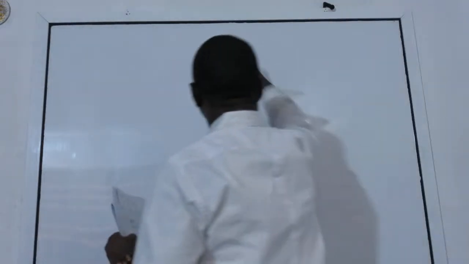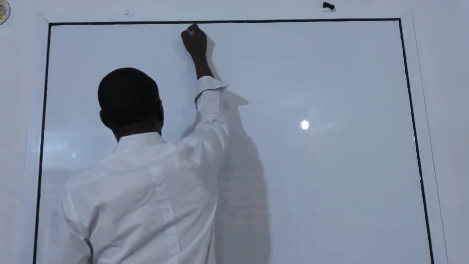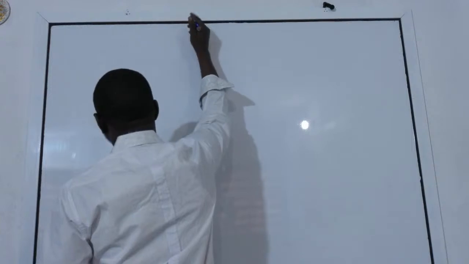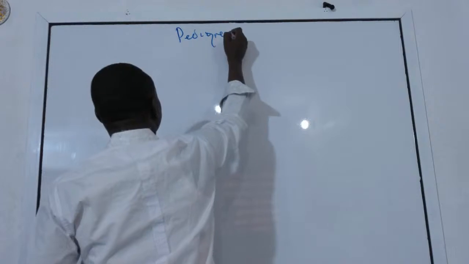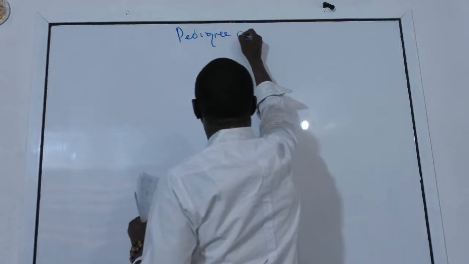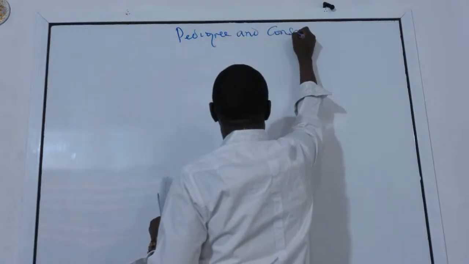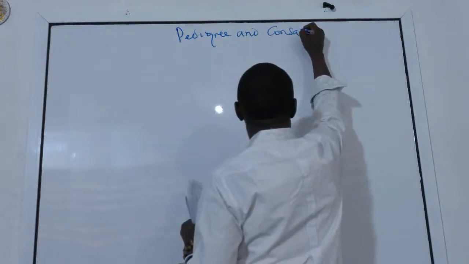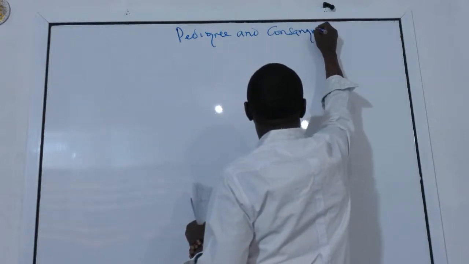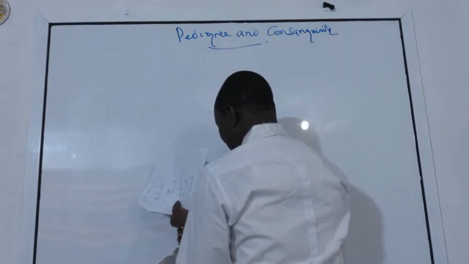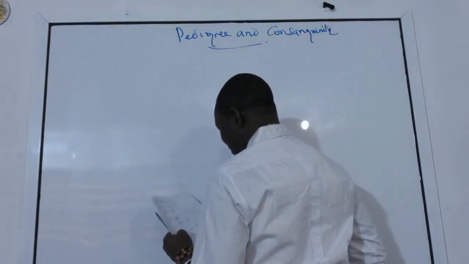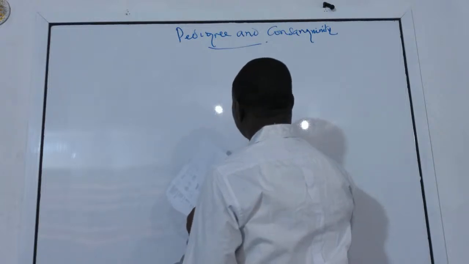Don't forget that we are continuing our discussion on pedigree and consanguinity. I told you that pedigree is a diagrammatic representation.